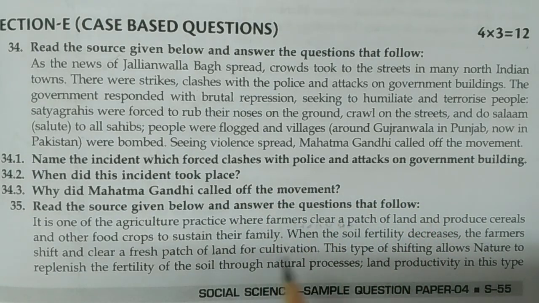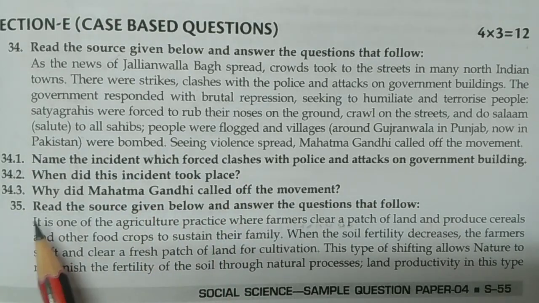Thus, you know that these kinds of case-based study passages are given here, and according to this case-based passage you have to answer these 3 questions properly. 34.1 Name the incidents in which forces clashed with the police and attacked a government building. 34.2 When did this incident take place?